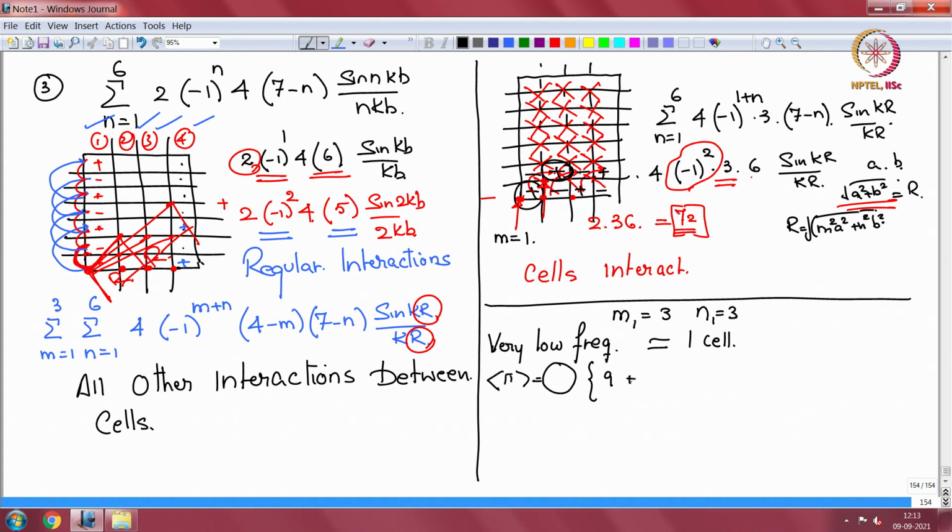Then I have a sum that goes from 1 to m1 minus 1 which is 2, then twice minus 1 to the power m, n1 which is 3, then m1 minus m, 3 minus m, and sine of mka over mka.